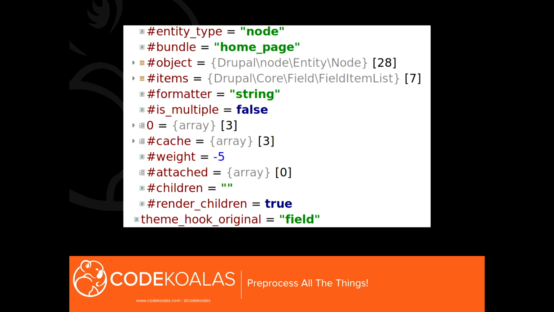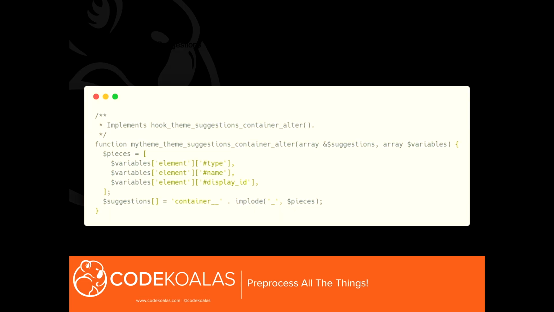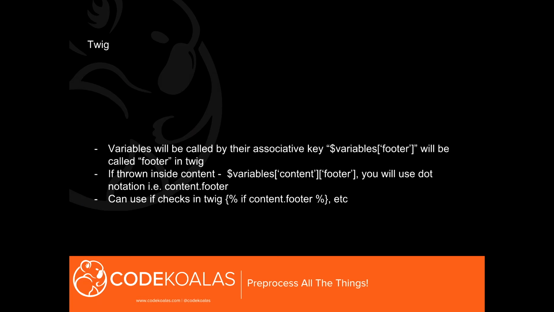As I said earlier, if it's under content, so variables content, in Twig it would be content.footer. But since footer is right underneath variables in the array, that would just be called footer in Twig. If you throw it inside content footer, you would use content.footer in the Twig template. And you can even use if checks in Twig. So if there is a footer, if there's content in the footer, print it out, which can be very useful.